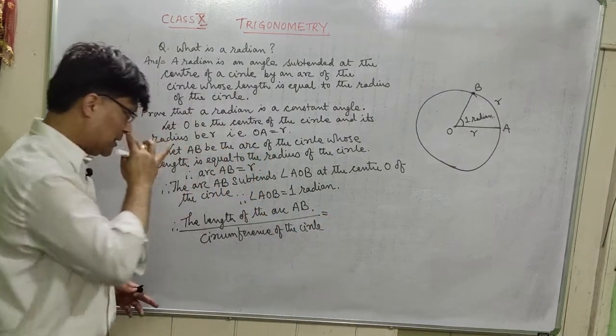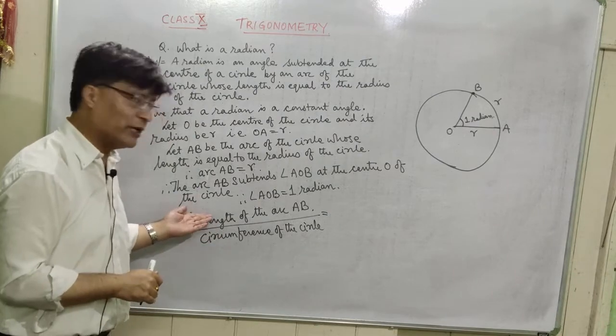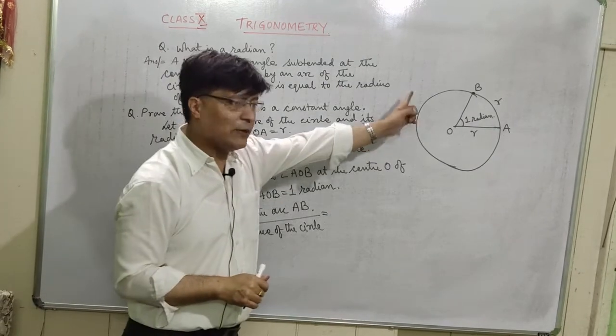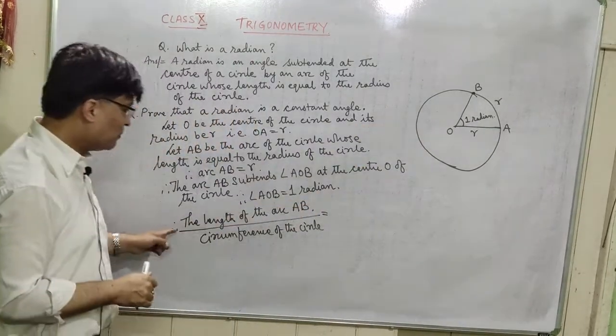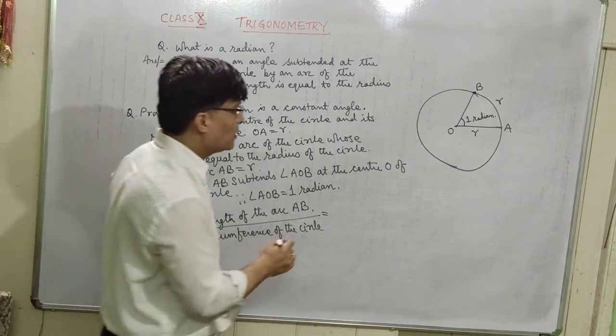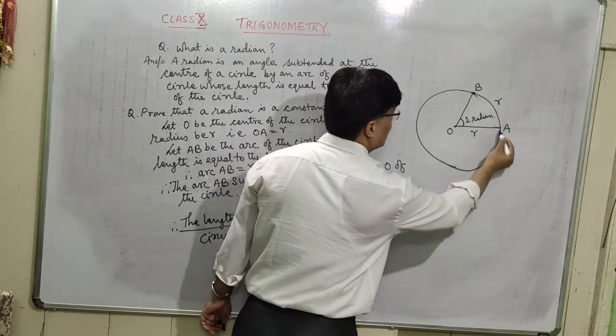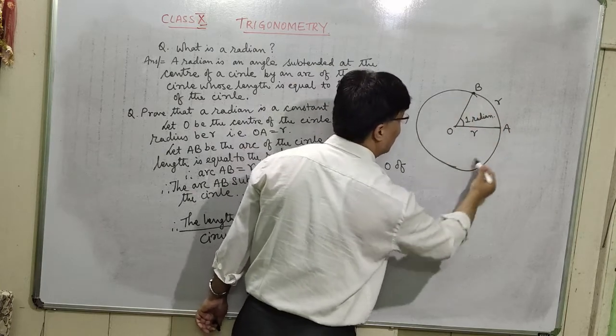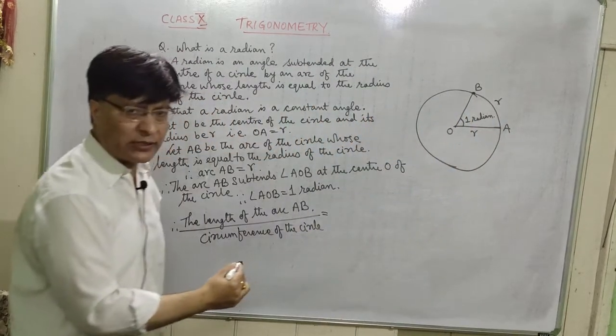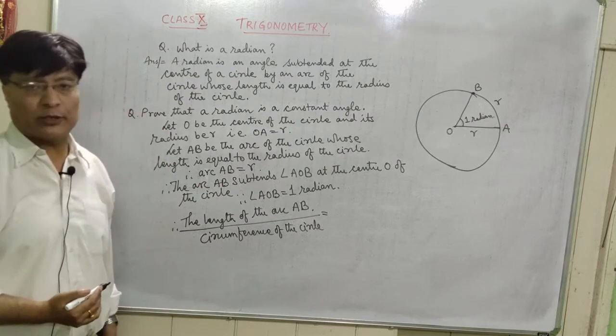So in this case, let us take in the numerator the length of the arc AB, that is R, divided by the circumference of the circle. The whole length outside of this circle, what do we call it? We call it the circumference or perimeter of the circle.